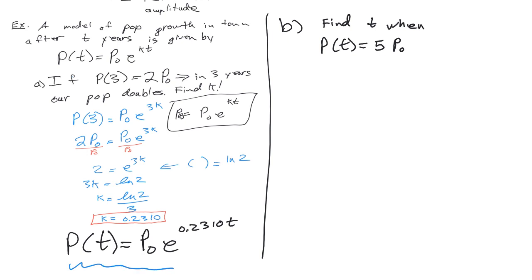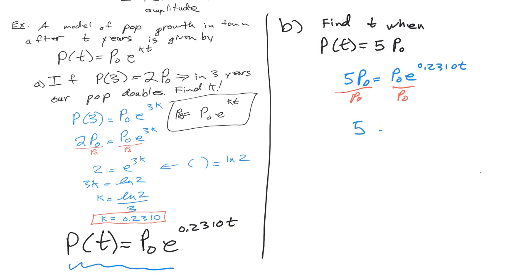So now let's do this. We say, okay, 5P0 is equal to our original equation, P0 e to the 0.2310 t. And then we divide both sides by P0 to get rid of that initial population.